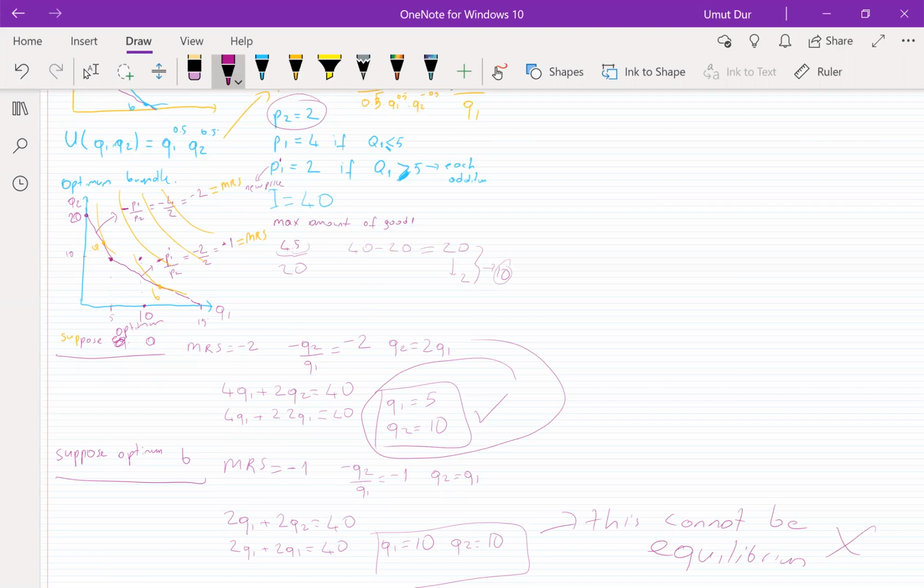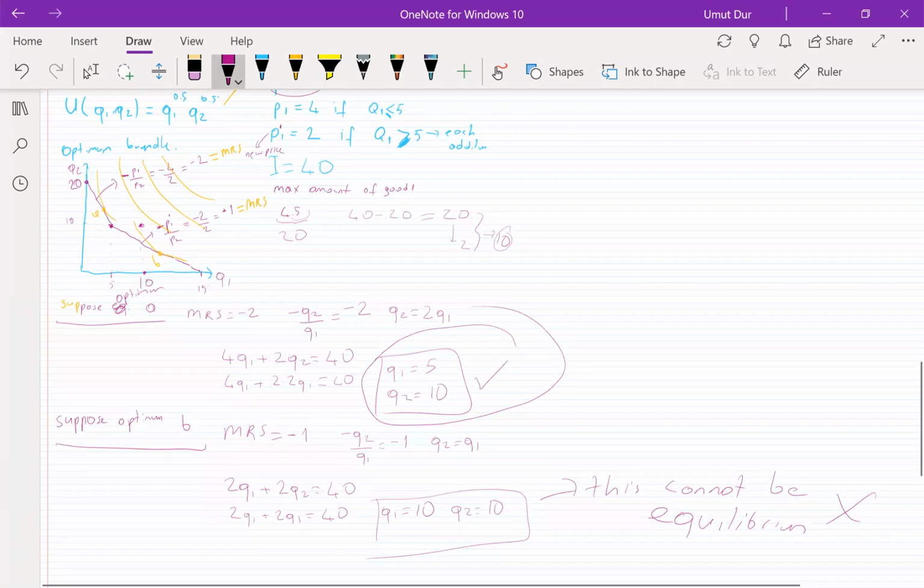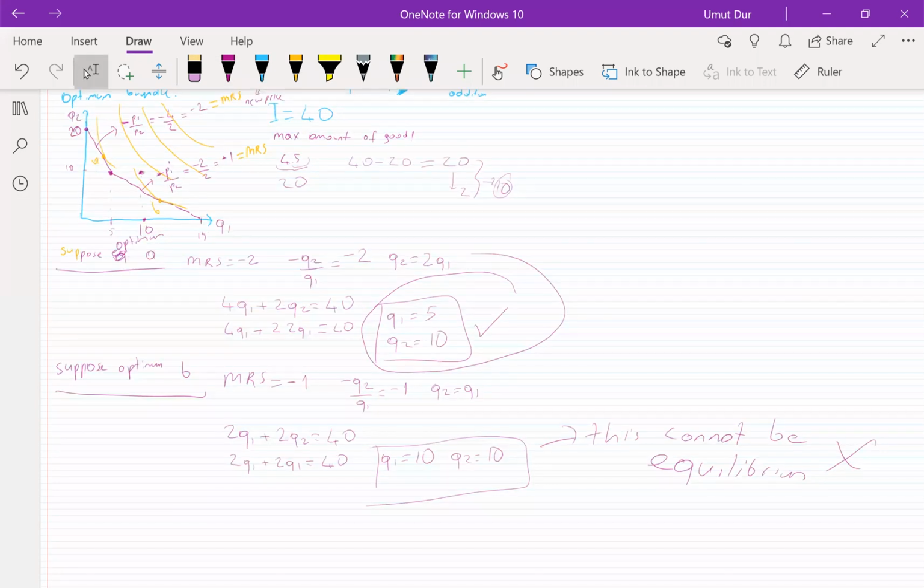Here Q1 is 10 and Q2 is also 10, but this does not lie on the budget line, which makes it not possible. Any question?